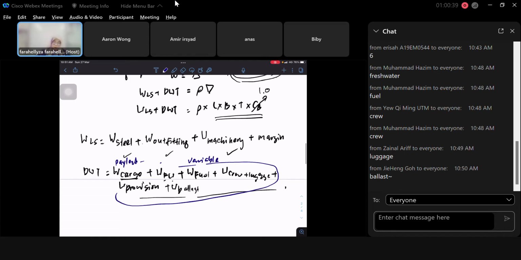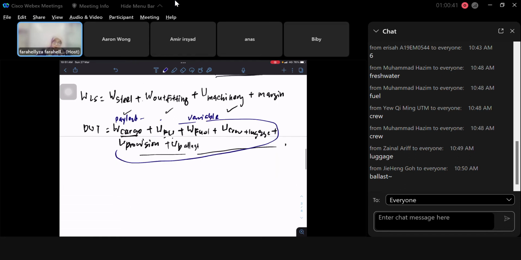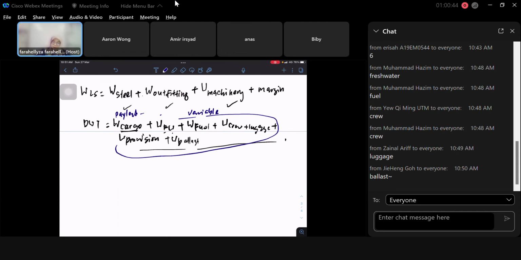Coming back to this, we have this governing equation. W is equal to displacement. So WLS plus DWT is equal to rho times the displacement.